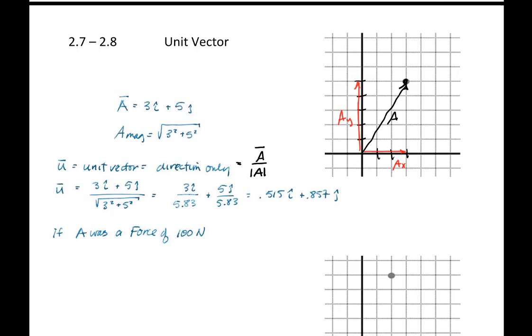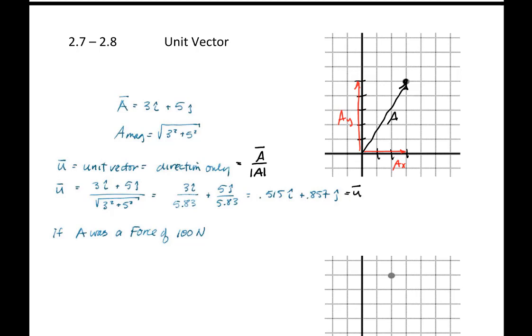So the unit vector is 3i plus 5j divided by the magnitude. Divide each of the components by the magnitude, and you get this vector description of the unit vector.